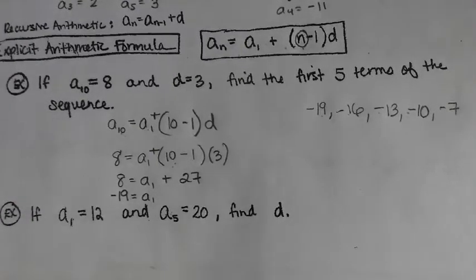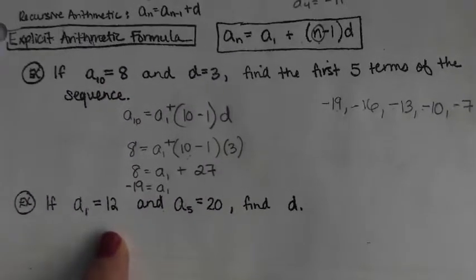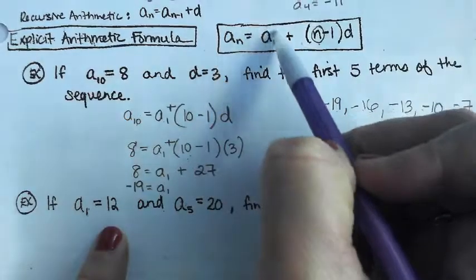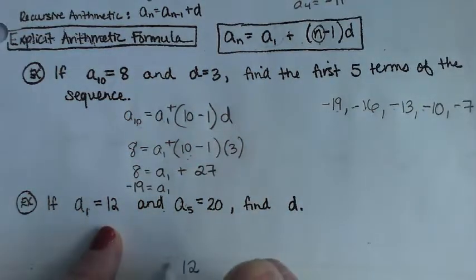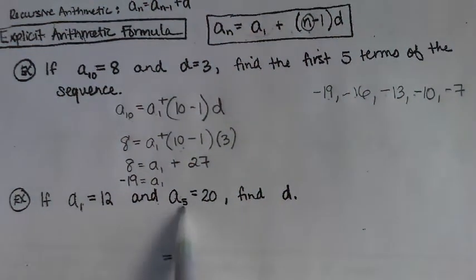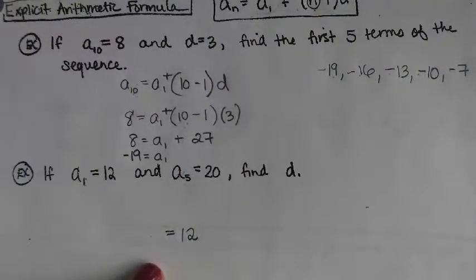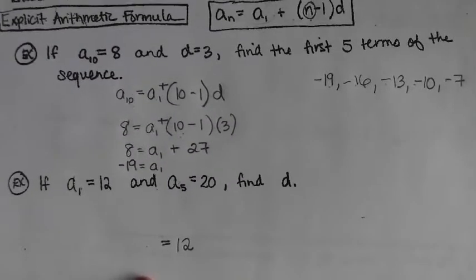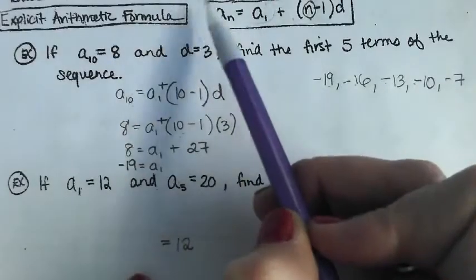All right, so jump down to the next exercise. A sub 1 is 12. So that's going to go in for your first term. Your first term is 12, so that goes in there. A sub 5 is 20. So what goes in where for that information? They're kind of giving us 2 pieces of information there. They're giving us our A sub n number.